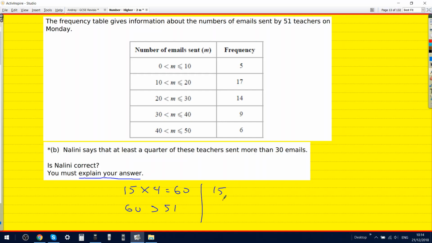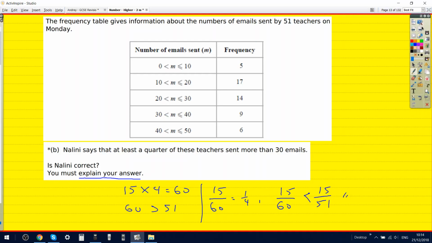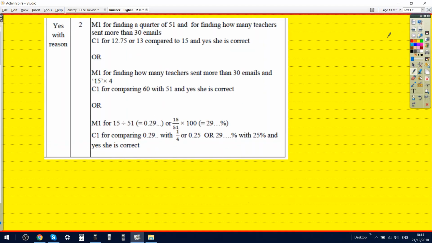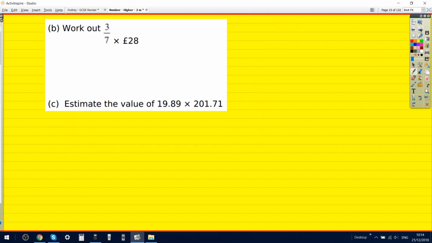So 15 over 60 is a quarter, and 15 over 60 is less than 15 over 51. Something like that. So finding a quarter of 51, that's a different way to do it. You find a quarter of 51 and say 12.75 or 13 compared to 15. 15 times 4, 60 and 51. Yeah, your method's there. Okay, how do we do top one?